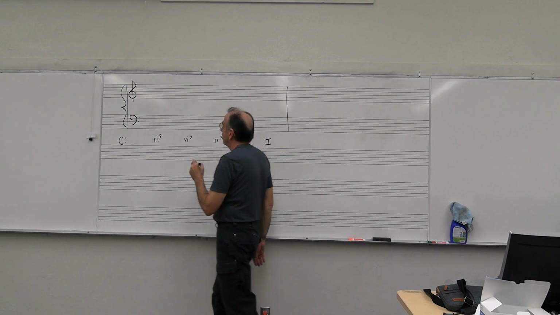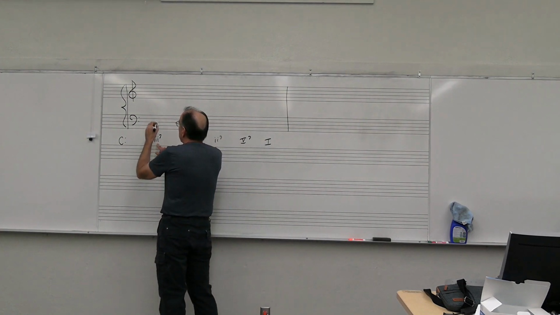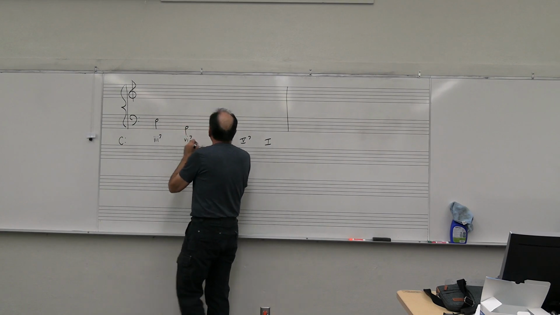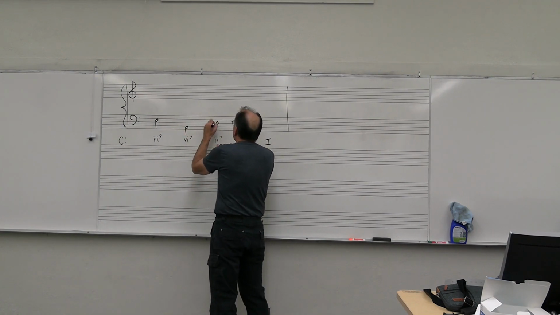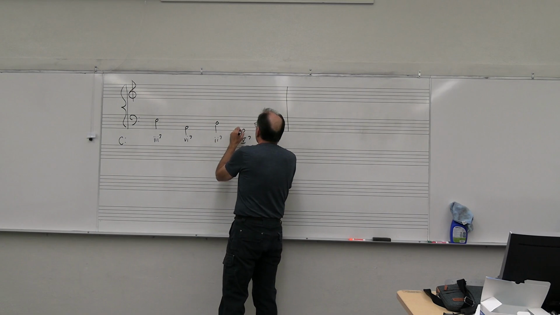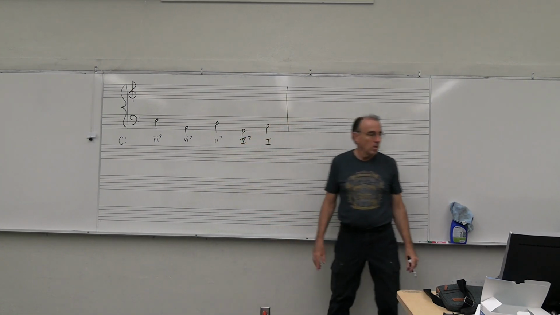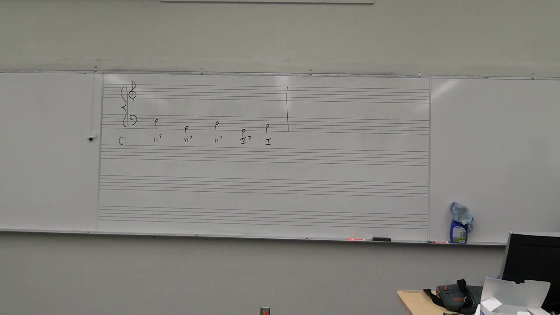Okay, so then my roots, like the 3 chord, the root would be E, the 6 would be A, the 2 would be D, the 5 would be G, and finally I end up on 1, right? So it's just kind of a circle of fifths almost.